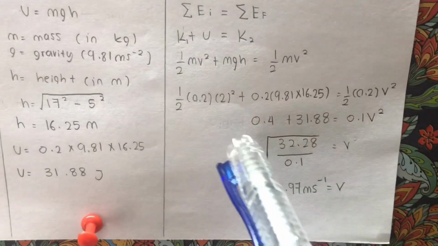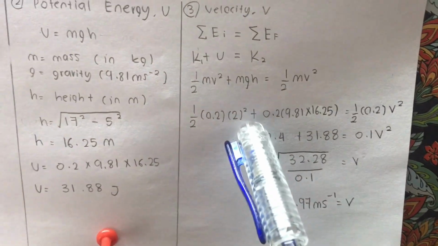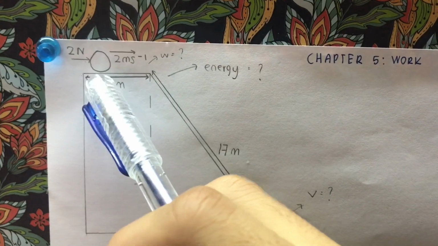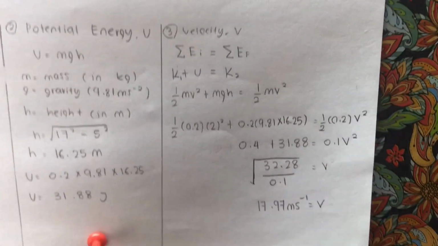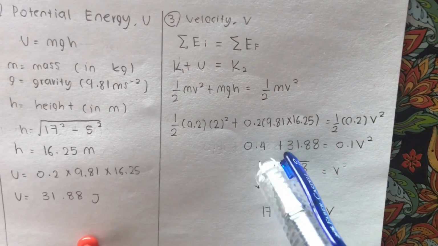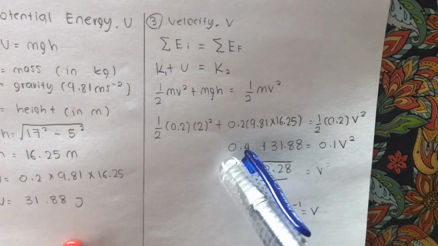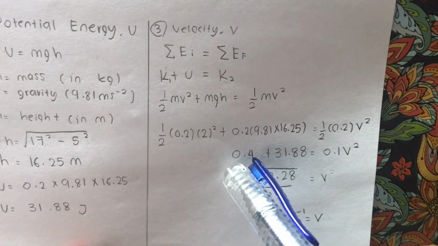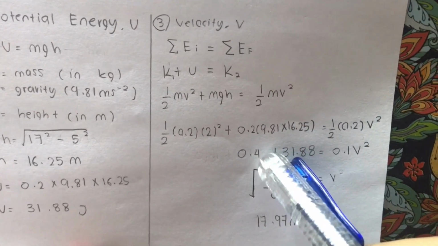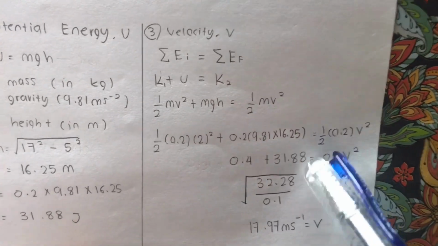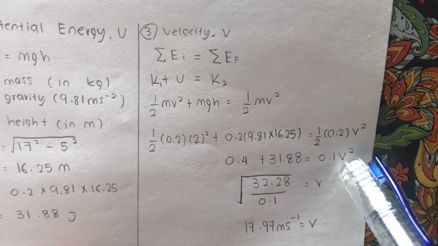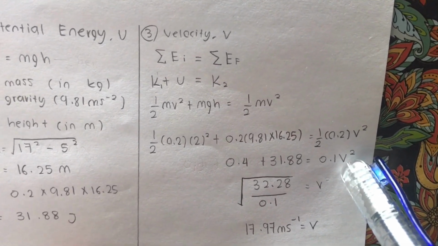So the mass is 0.2 and the initial velocity is 2 ms to the power of -1, plus 0.2 times 9.81 times 16.25 equal to 1/2 times 0.2 times v to the power of 2.